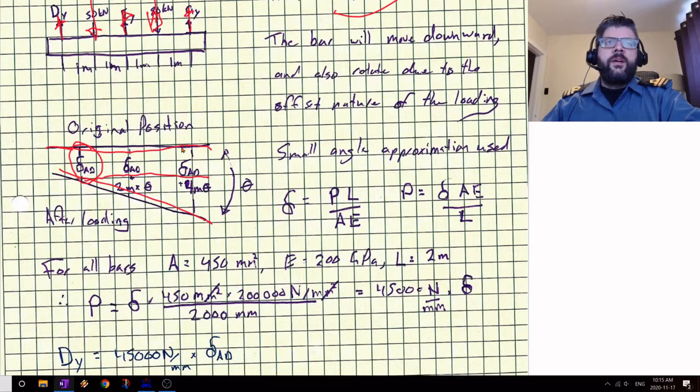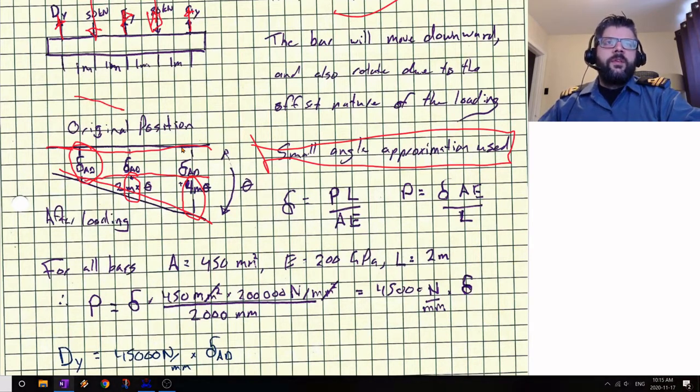And then on the other two bars, you're also going to get an additional amount of stretching that is a function of the angle. So again, we're using the small angle approximation here so that we don't need to worry about the fact that this is the hypotenuse instead of the adjacent, and so on and so forth.